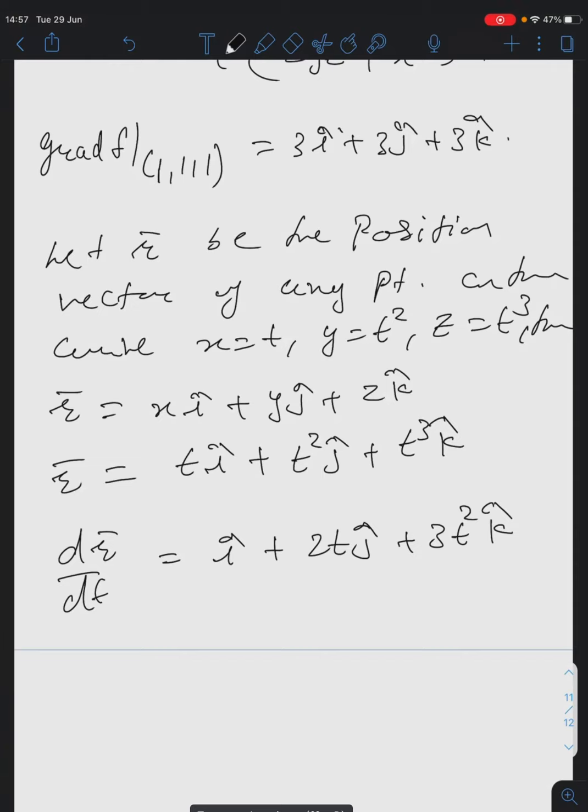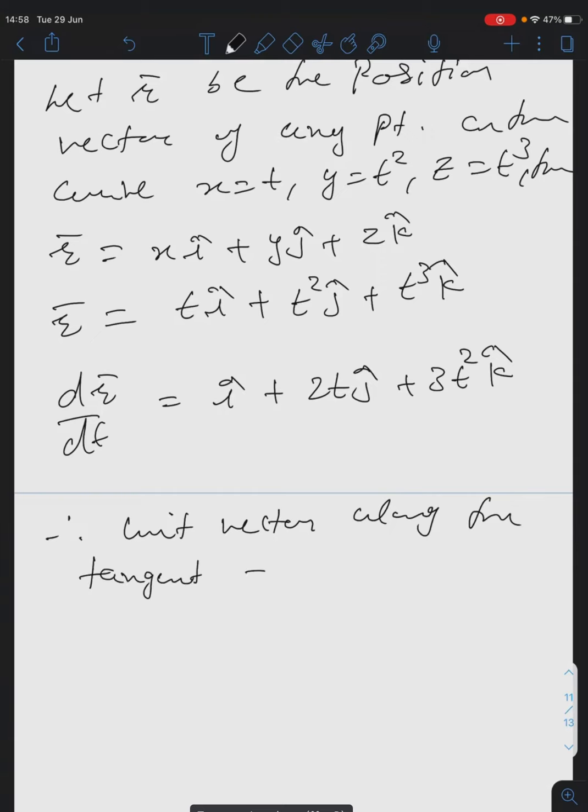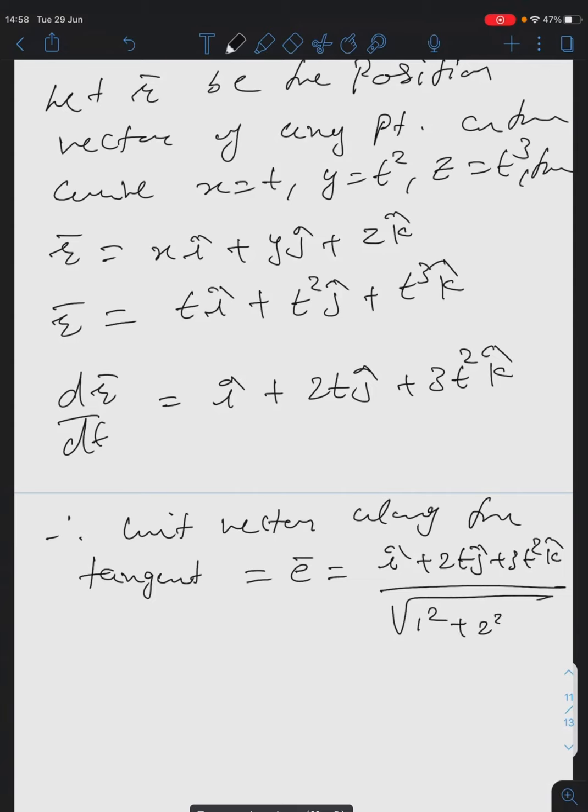Therefore, the unit vector along the tangent, that is e bar, is given by i cap plus 2t j cap plus 3t square k cap divided by root over of 1 square plus 2 square plus 3 square.